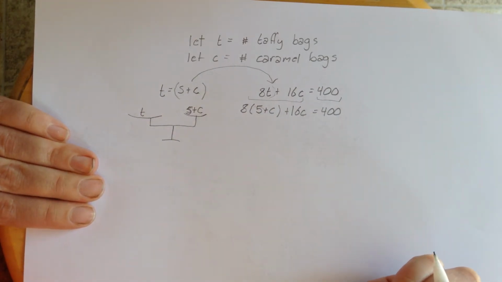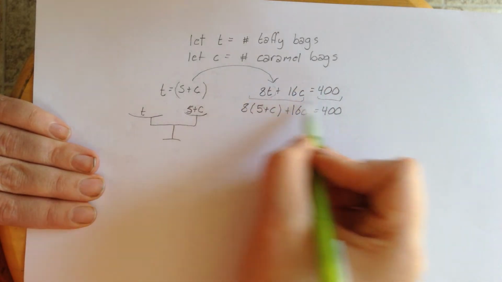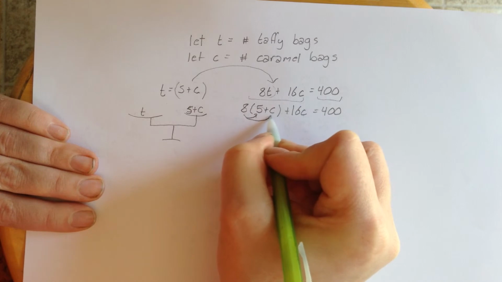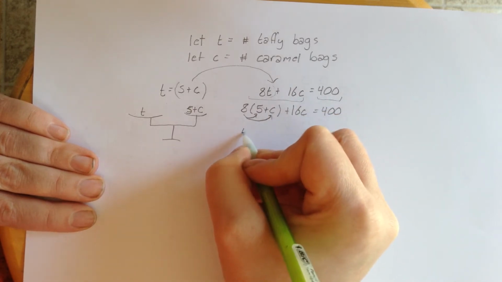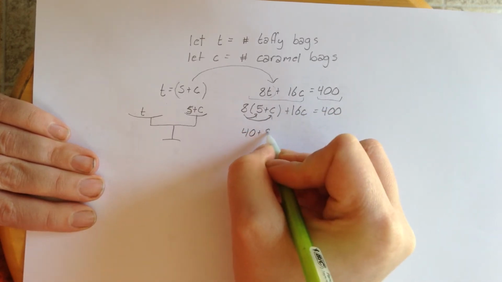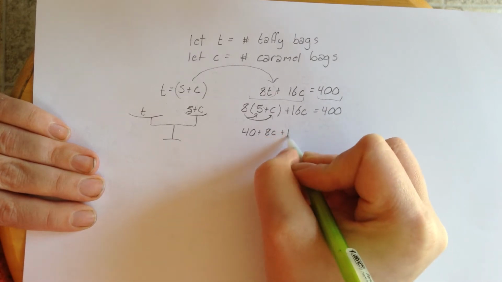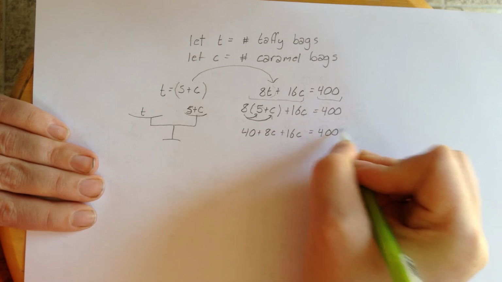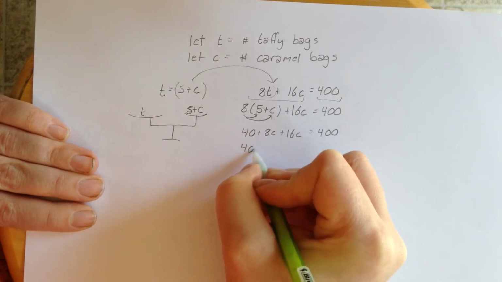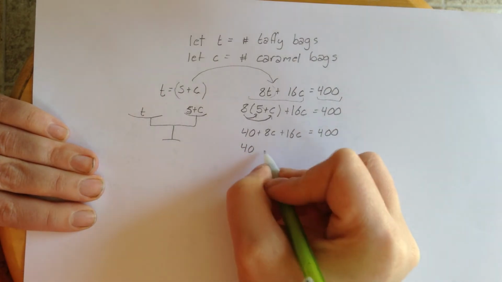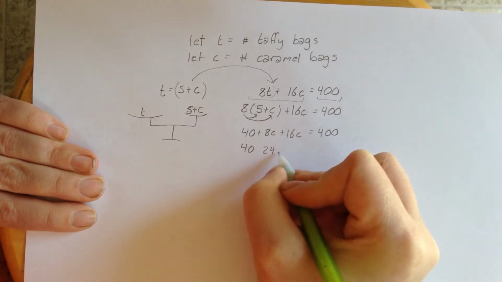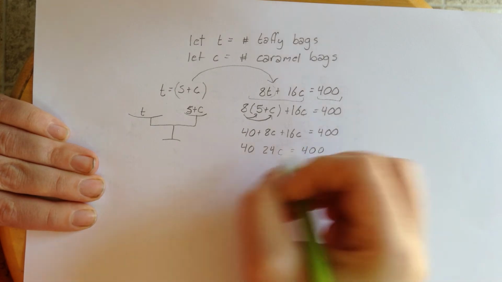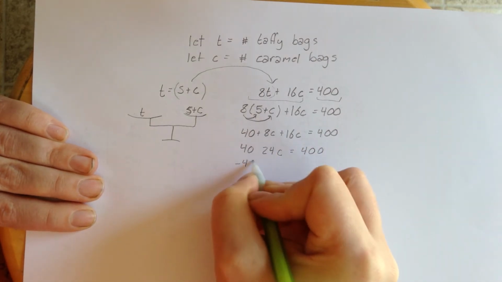I can solve for that without having to do any changing to get this into y equals mx plus b form. So I'll just start by distributing. 8 times 5 is 40, plus 8c, plus 16c equals 400. And 40, combine my like terms, 8 plus 16 is 24, c equals 400. And I can subtract 40 from both sides.